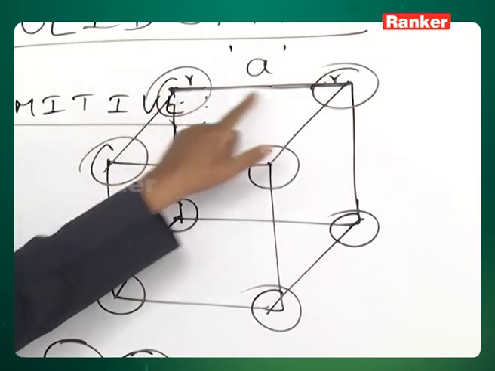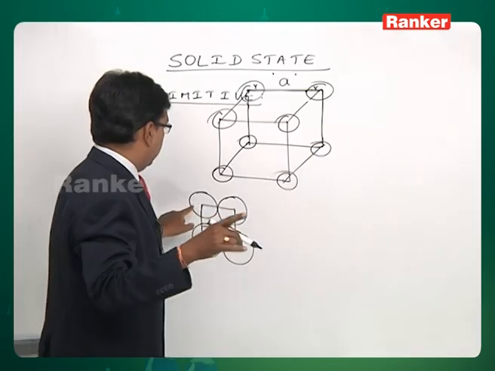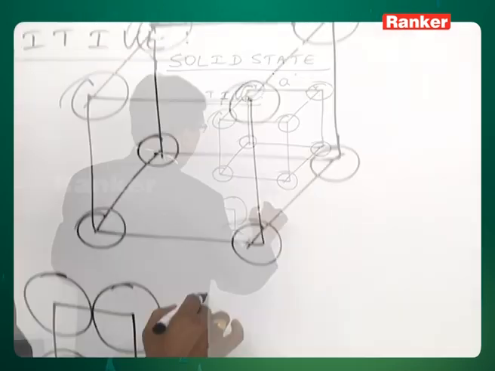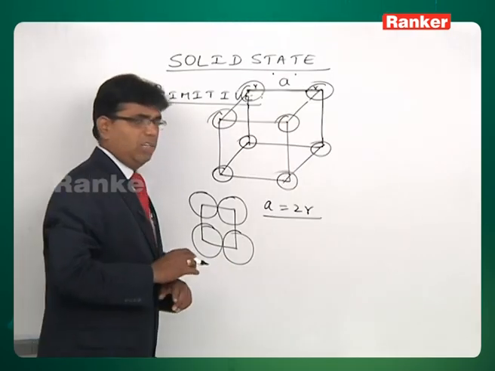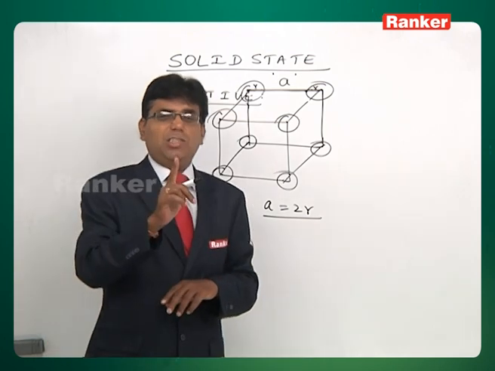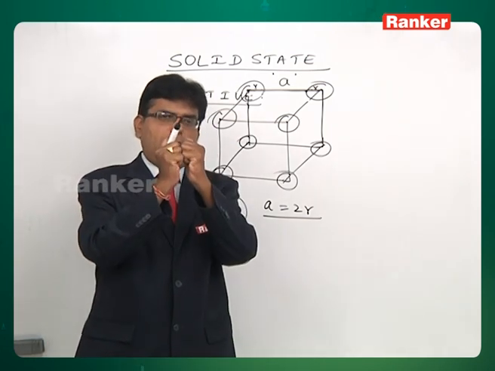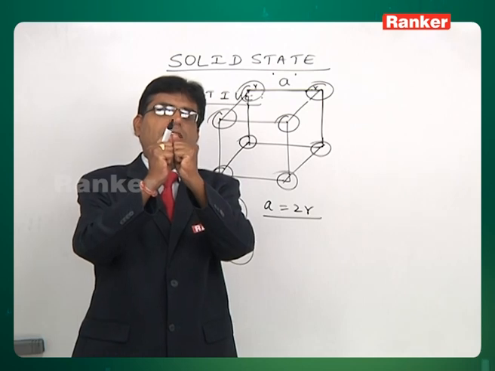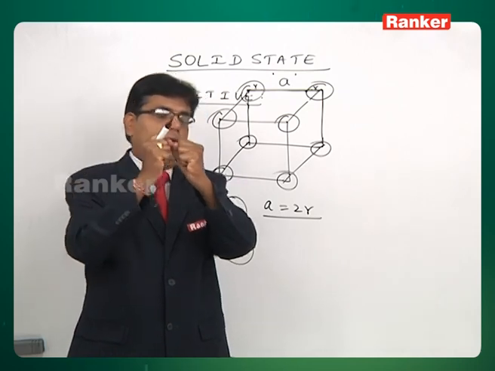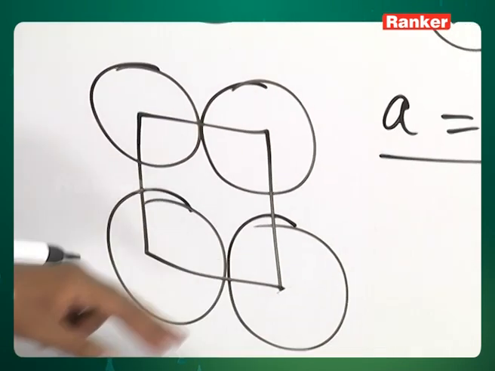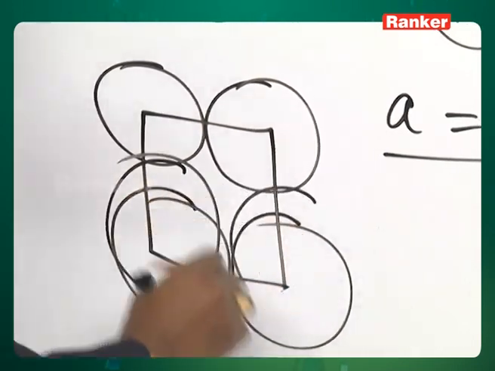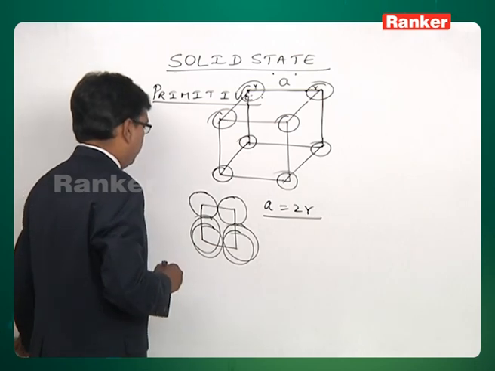Then if this is the edge length of the cube, in the primitive unit cell, A is equal to 2R. That means 2 atoms are in contact with each other like this, right. So when you have 2 such in a line, another 2 you take like this, these are also in contact, right.